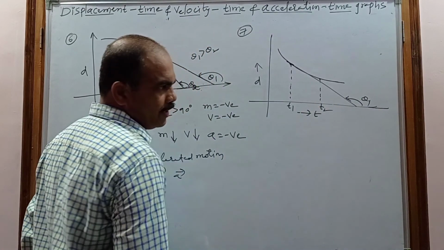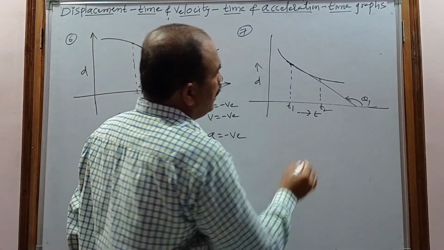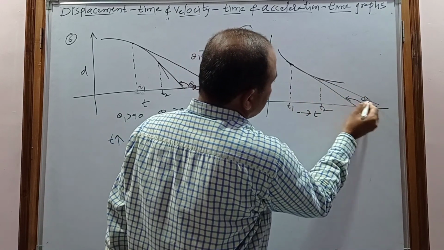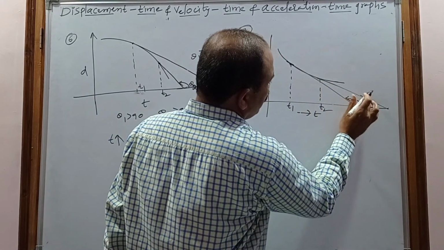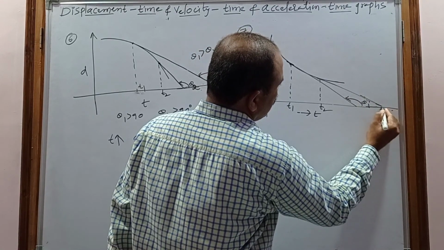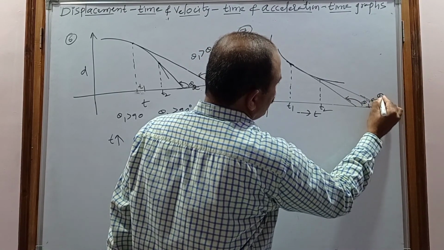Theta 1 is greater than 90. When I draw the tangent at t2, it also makes an angle, theta 2. Theta 2 is also greater than 90.